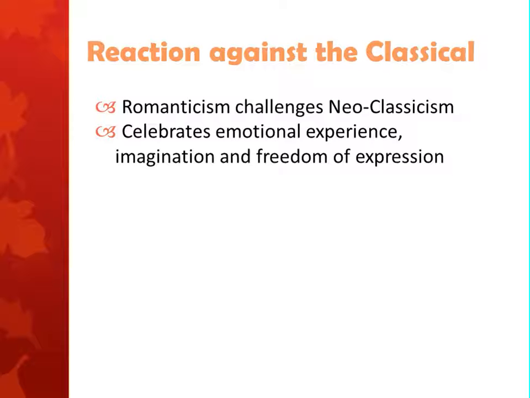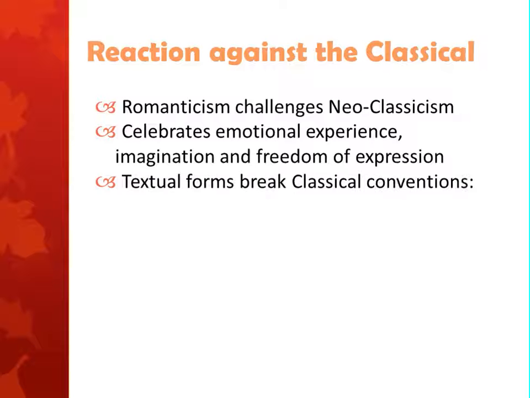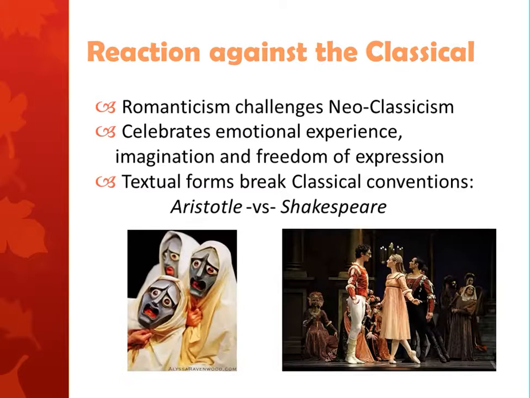In the arts, for example, Romantics challenged the purity of form and subject matter, which were upheld by their classical counterparts. Shakespeare and his English contemporaries frequently broke Aristotle's classical rules of the dramatic unities, which dictated that the action of a play must be limited to just one place, one day, and one plot.